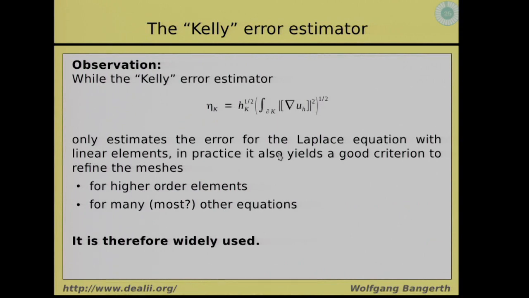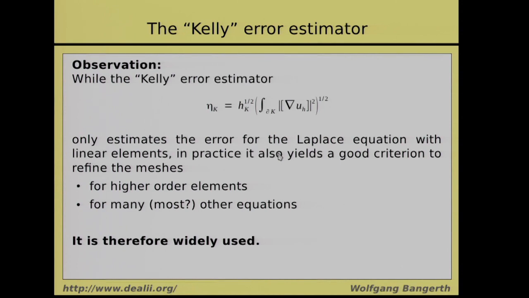So I want to end with an observation. Strictly speaking, the Kelly error estimator was derived for the Laplace equation with linear elements. But because it's easy to implement, and because once you have implemented it, it's already there, people have tried what happens if you apply the same kind of criterion to other equations, or when you use higher order elements.